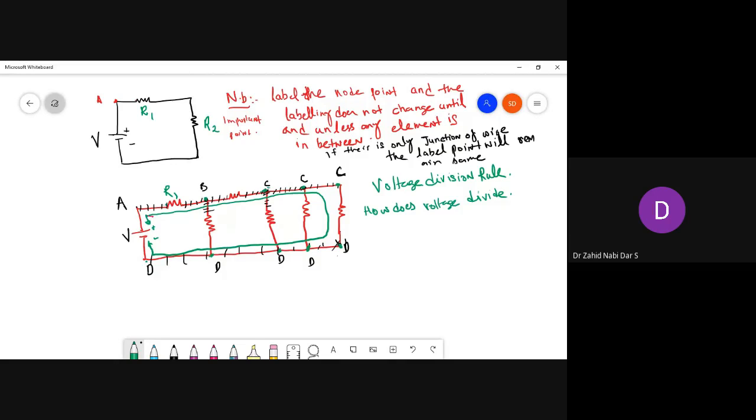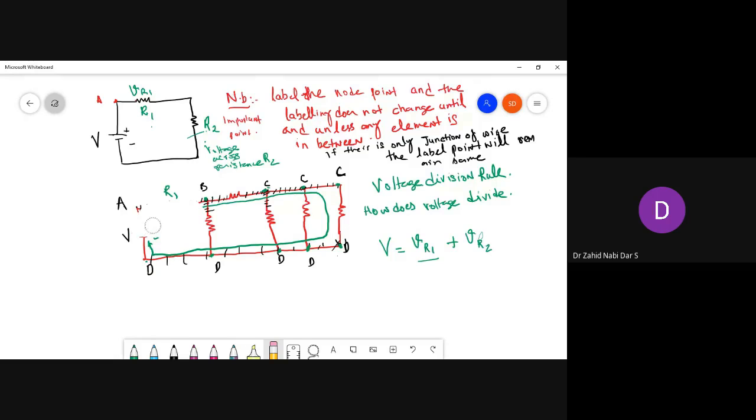So in this circuit, the voltage of the circuit V would be equal to VR1, that is the voltage across the resistance R1, plus VR2, that is the voltage across the resistance R2.